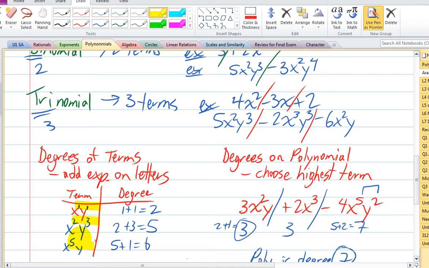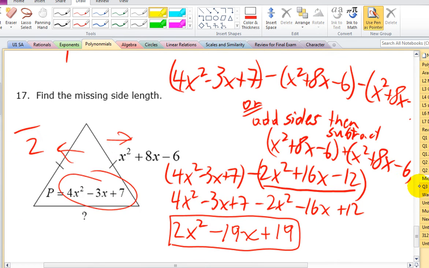Watch out for your hidden one exponent. Just copy down this section on the left, please. You have to be able to do that first. Add the exponents. Now for the polynomials on the right, you find each term and you just choose the highest. So it's very important that you know how to do the degrees of the term.